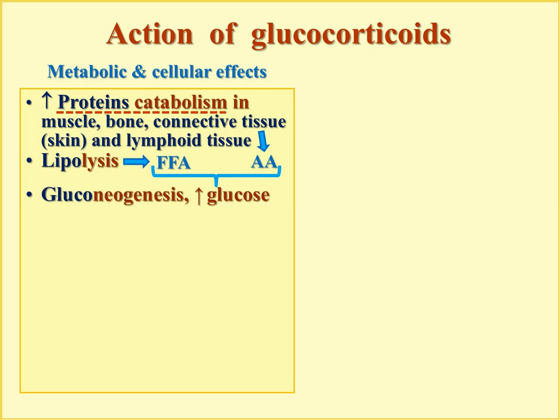The process of gluconeogenesis, formation of new glucose, means that from non-carbohydrate sources, glucose is produced new. So stores of glycogen are not involved, not touched even. And glucose is formed from amino acids, and also the glycerin portion of fatty acids is used. So glucose is produced as a new glucose, and we don't spend our stores of glycogen.